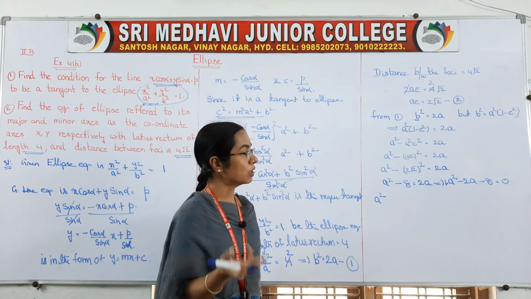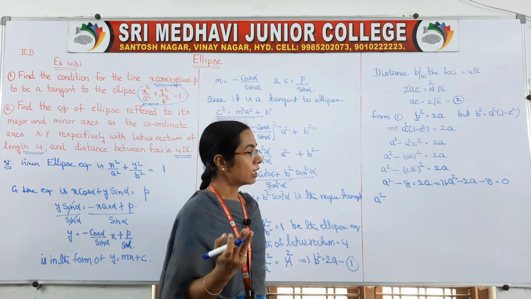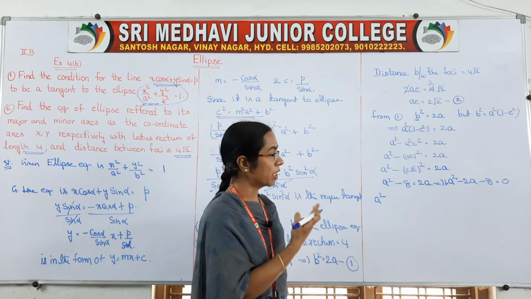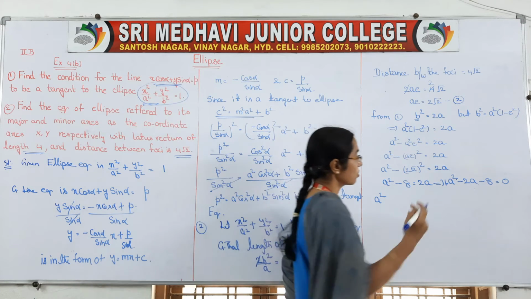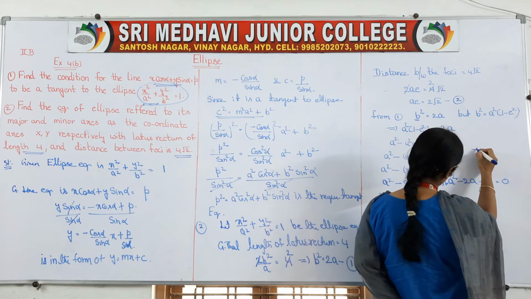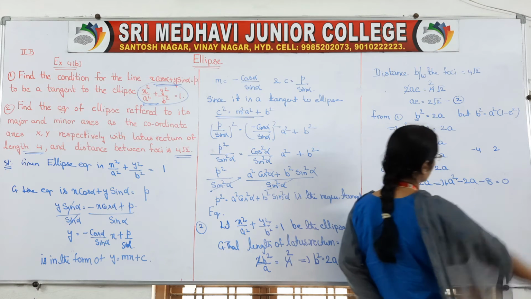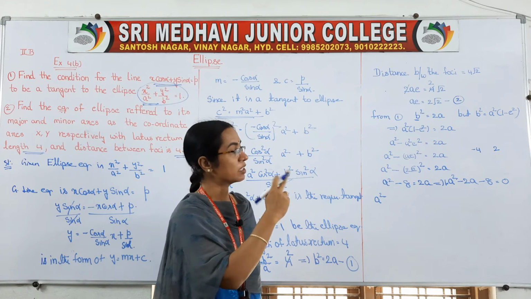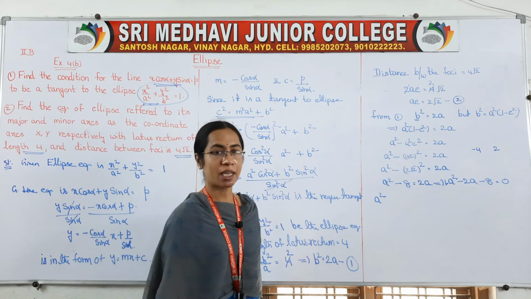So we have to take two numbers whose product should be minus 8 and whose sum should be minus 2. So we can take minus 4 and 2. If we multiply, we get minus 8; if we add, we get minus 2.